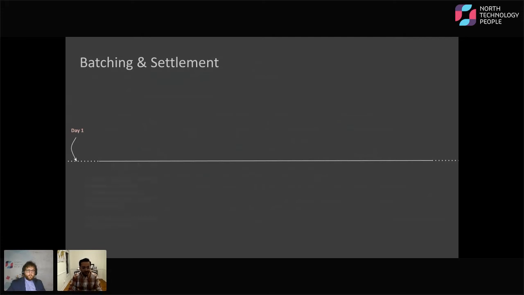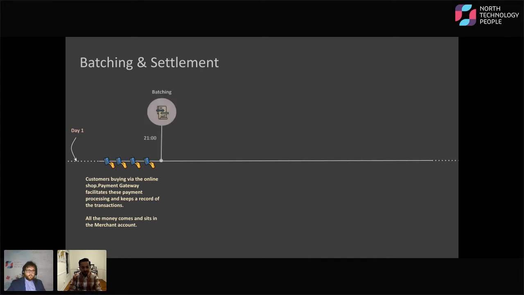Let's say on day one, a bunch of customers buy through the online shop, and the payment gateway facilitates these payments and keeps a record of all the transactions that have happened, right? Note that all this money comes and sits in the merchant account. At 9 o'clock on day one, we basically batch all the transactions.